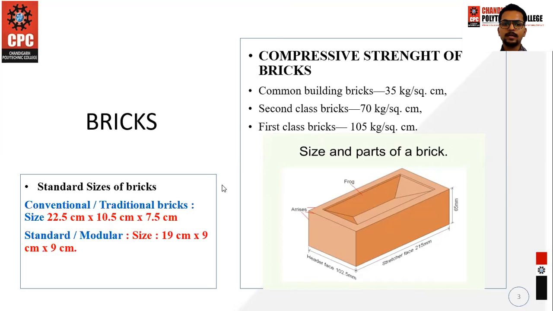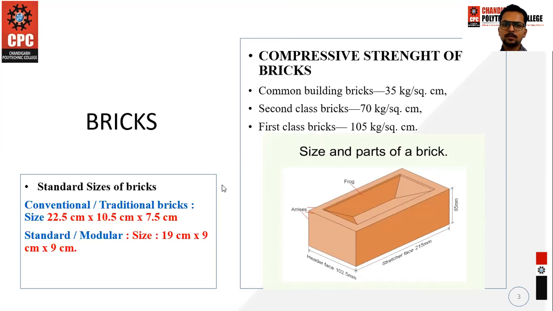The size of this header part is 10.5 centimeter, or may vary up to 11 centimeter also. In the standard size of brick, it has a 9 centimeter header. Coming to the height of a brick, that is 7.5 centimeter, or in the standard size of brick, it is 9 centimeter.